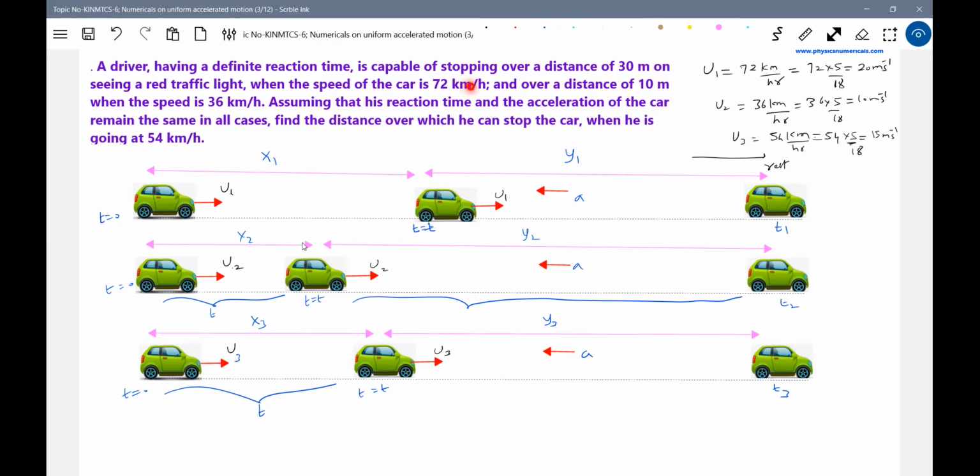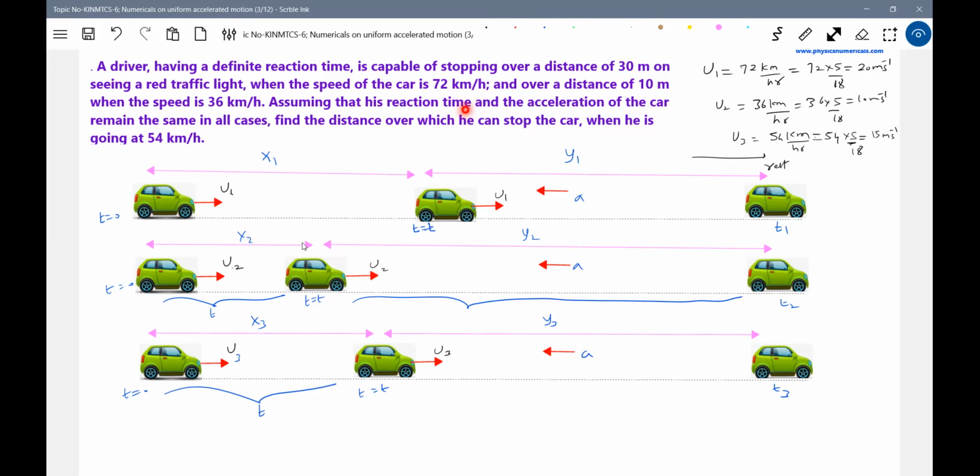And at 36 km per hour, over a distance of 10 meters. What do you mean by 30 meters? The 30 meters is the total, X1 plus Y1 is 30. And the 10 meters is X2 plus Y2.